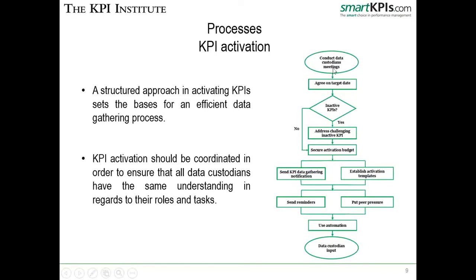activation process. In terms of KPIs, there are 2 types of KPIs that an organization usually is monitoring. There are inactive KPIs and active KPIs. Active KPIs are those KPIs for which we have already data.